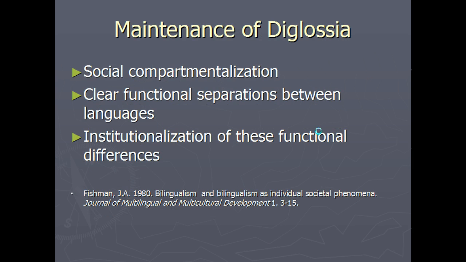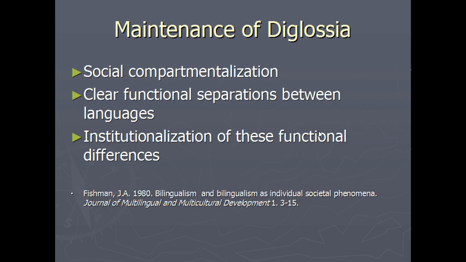Moving on, there are a few mechanisms that maintain diglossia. Fishman has argued that diglossia is based on social compartmentalization, or on the maintenance of strict boundaries between the societal functions associated with the high and low varieties, respectively.